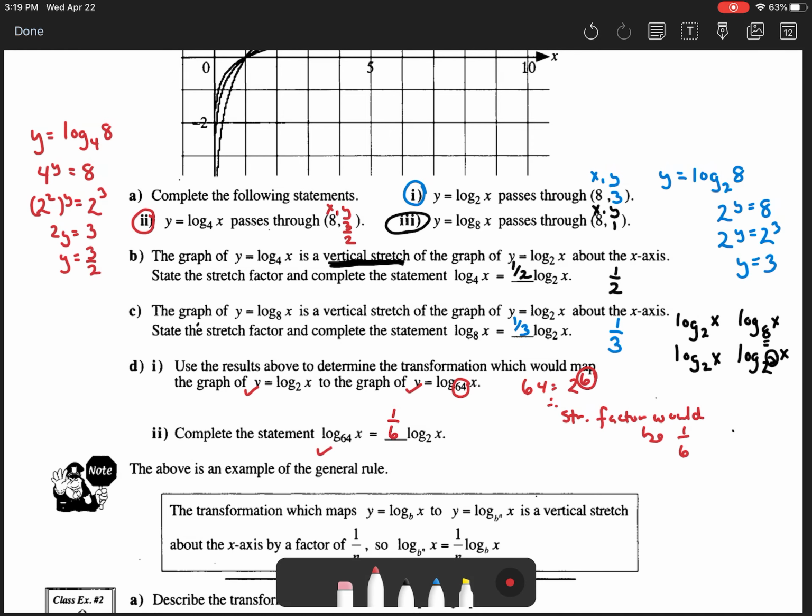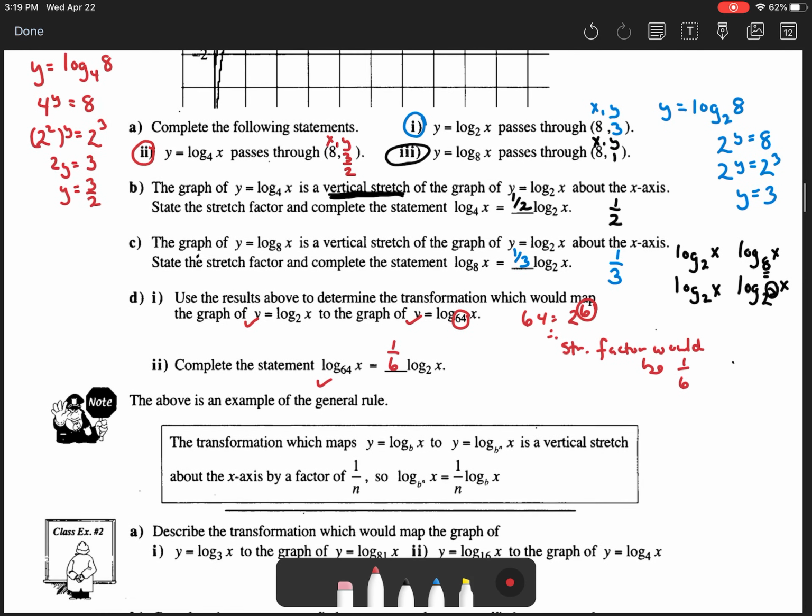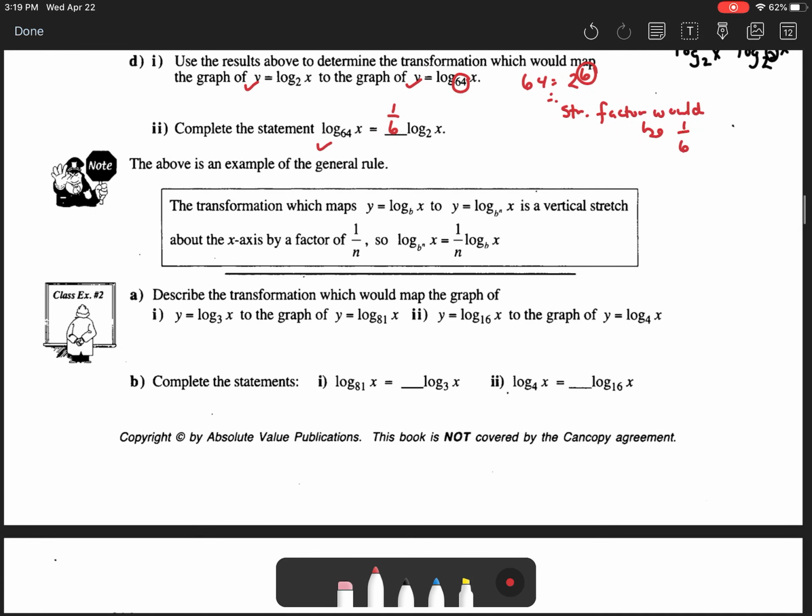So the stretch factor is going to be 1/6. Okay, so to get log base 64, you take log base 2 of x and stretch it vertically by 1/6.